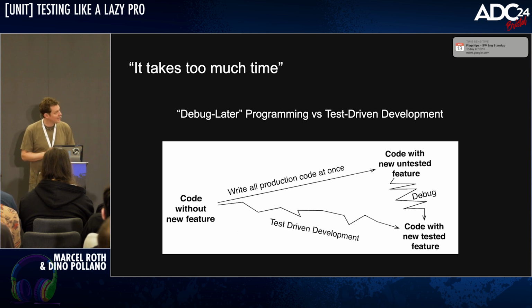So there is this idea that this whole unit testing stuff is just taking up too much time, and if you want to have a quick turnaround, it's just that extra time you don't want to waste. You want to quickly get your code to work and so on. But matter of fact is, if you don't test, then you find yourself debugging later.